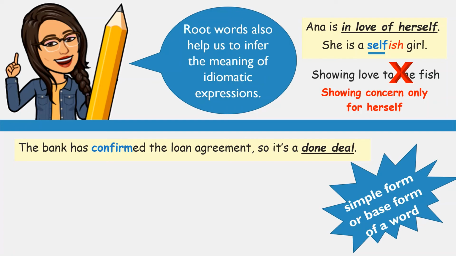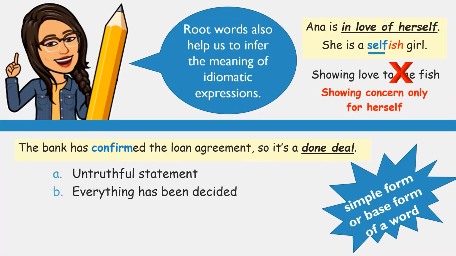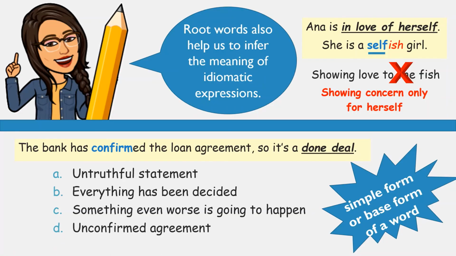Now let's look at this example that we have here. The bank has confirmed the loan agreement, so it's a done deal. Done deal could mean letter A, untruthful statement. Letter B, everything has been decided. Letter C, something even worse is going to happen. Letter D, unconfirmed agreement.